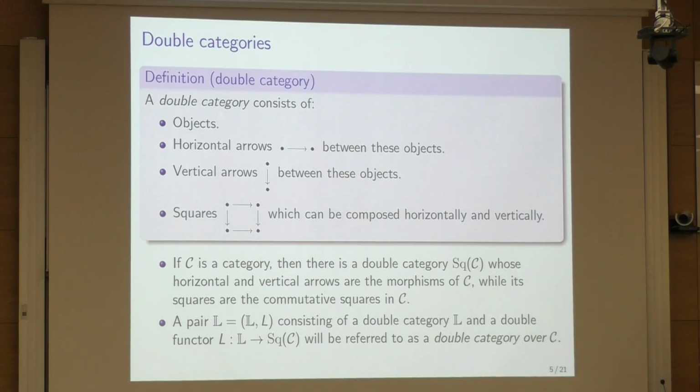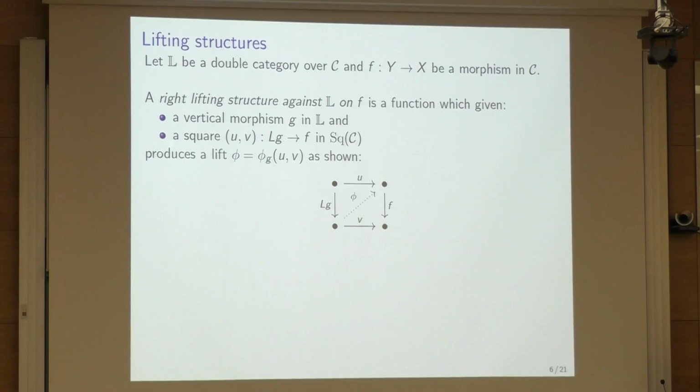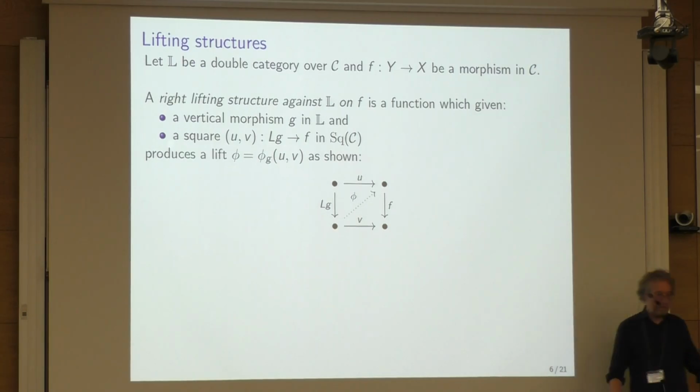Right. So the next definition I need is that of a lifting structure. The notion of lifting has been generalized, first from a set of lifting against a set of arrows, then against a category, and then further it can also be generalized to have a lifting structure against a double category.